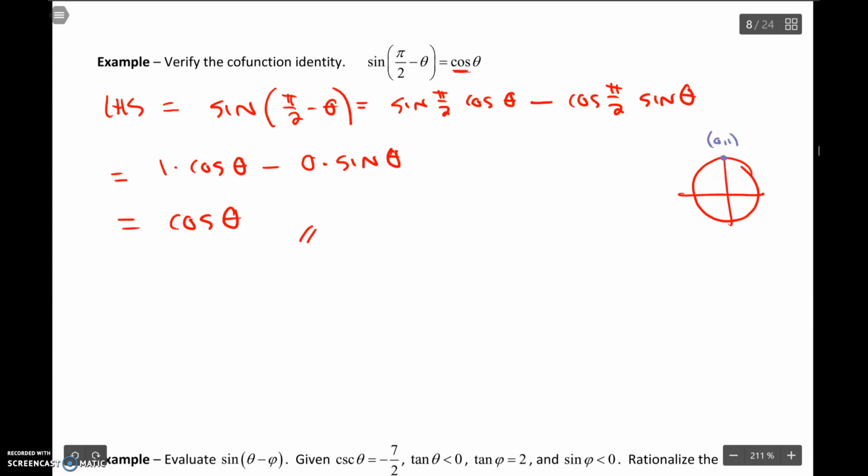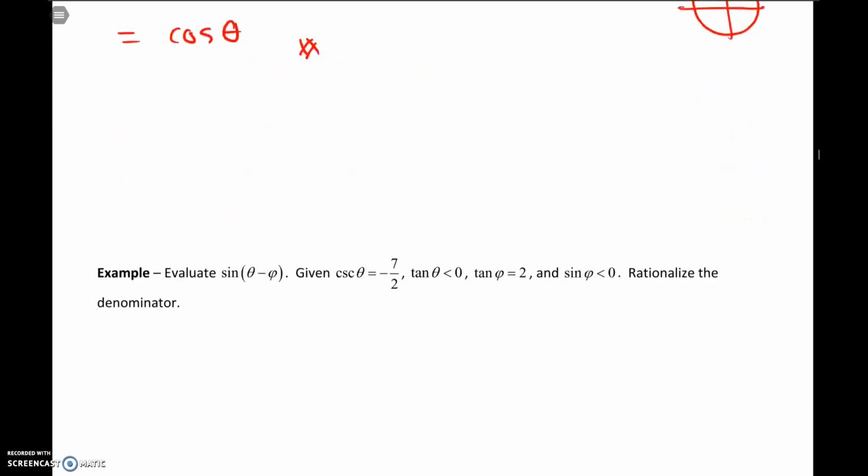So this simplifies to just the cosine of theta. And what's interesting is that this works for all angles, not just angles between 0 and 90 degrees. Okay, so that's that proof.